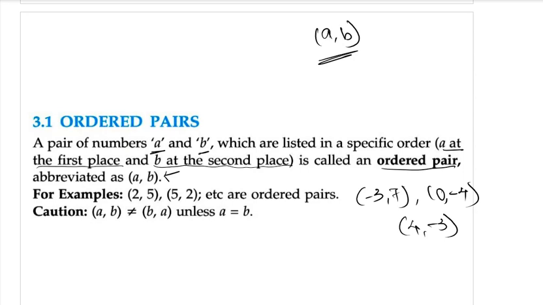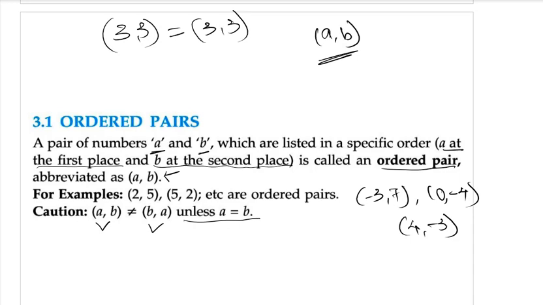But please remember that (a, b) is never equal to (b, a) unless a is equal to b. Suppose I take an ordered pair (3, 3). (3, 3) is equal to (3, 3). Now what I've done is I've switched the places of both the threes and written here.